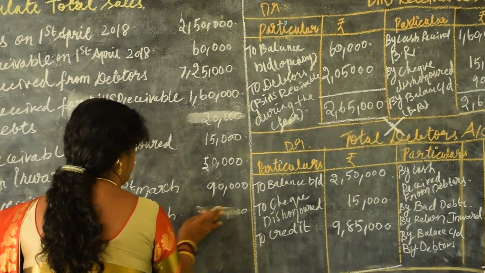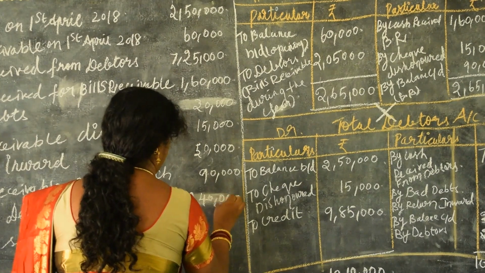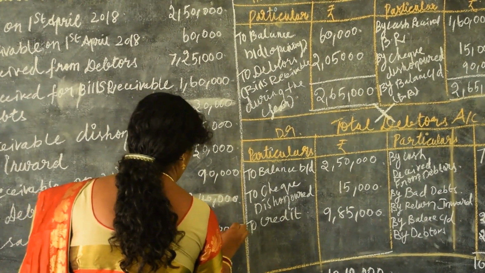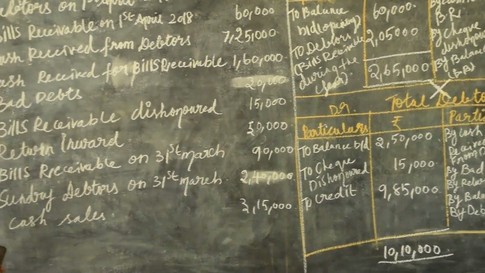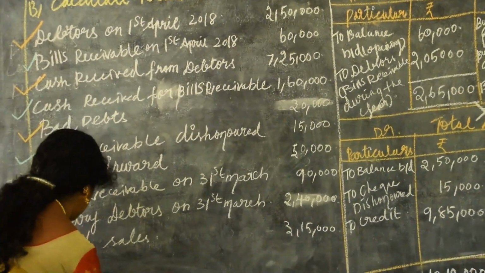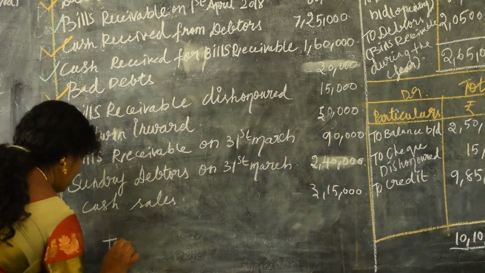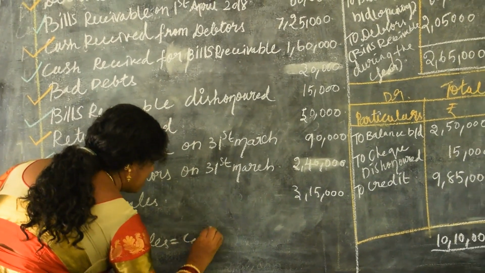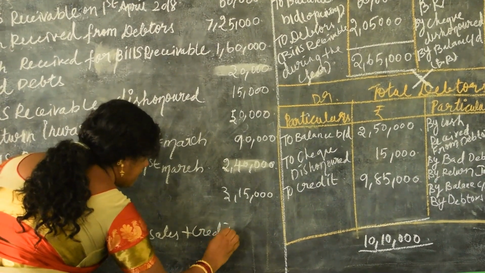Here only the value you have to change over here. Okay, this is 2,40,000. Here cash sales is 3,15,000. At the last moment, they have asked to find out the total sales. What do you mean by total sales? Total sales is equal to cash sales plus credit sales.